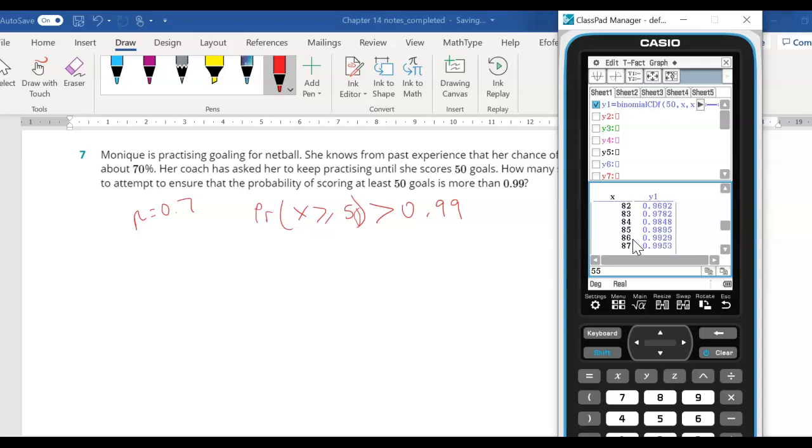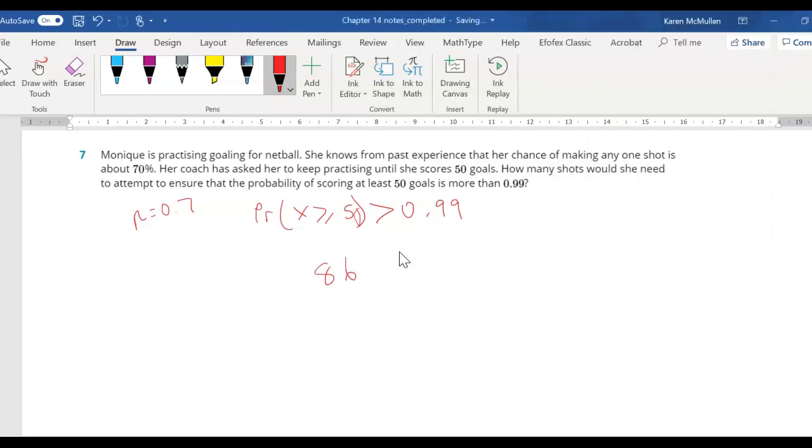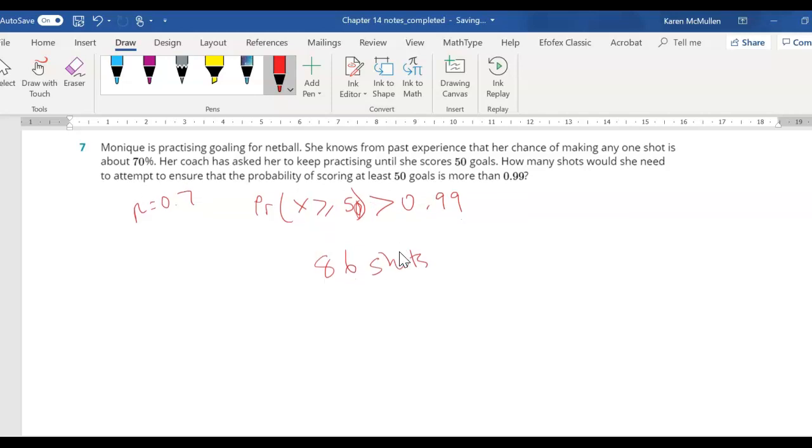All right, so it is 86 shots, because she's not always going to get a goal. Okay, so using that graphing screen and the table is a lot easier.